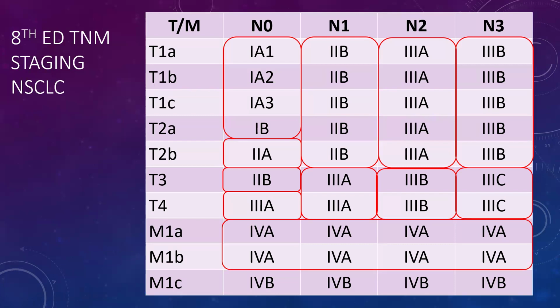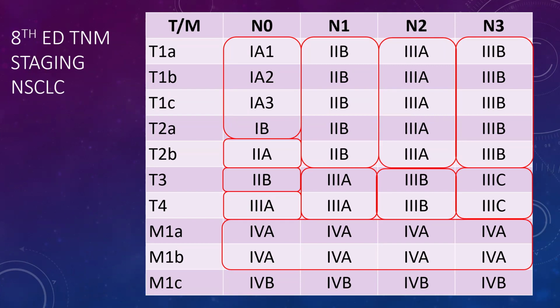Your M1A is if you have separate tumor nodule in a contralateral lobe. If you have pleural nodules, malignant pleural effusion, malignant pericardial effusion, those will fall under M1A. M1B is a single extrathoracic metastasis. No?